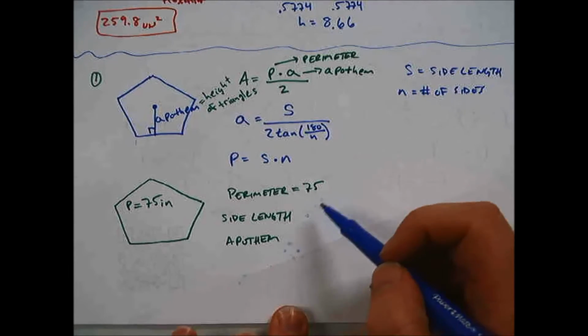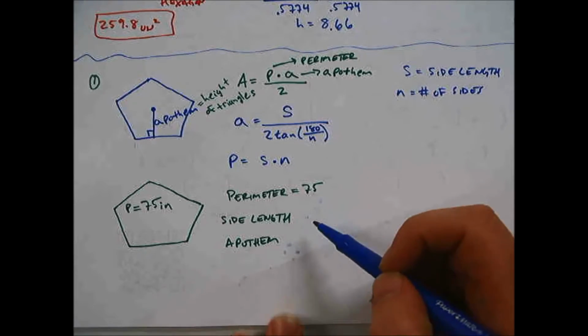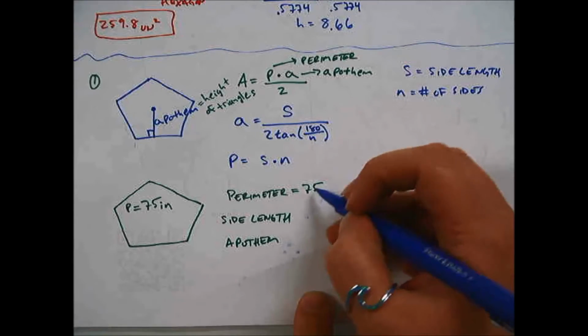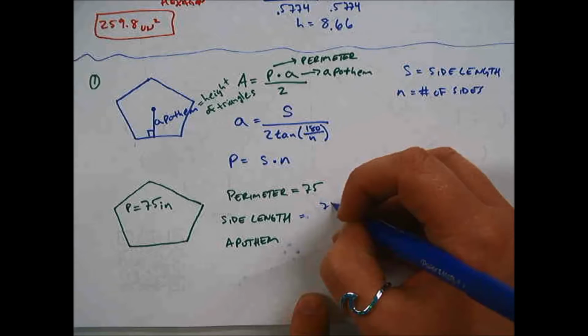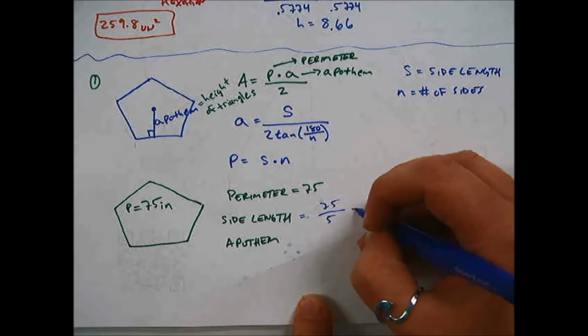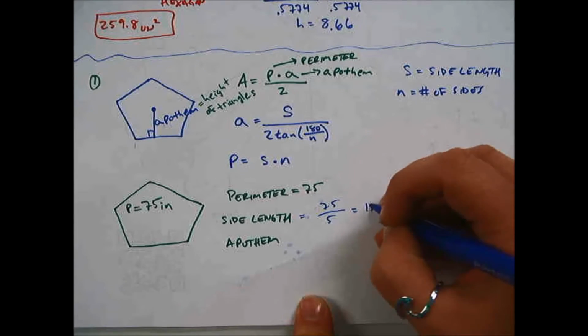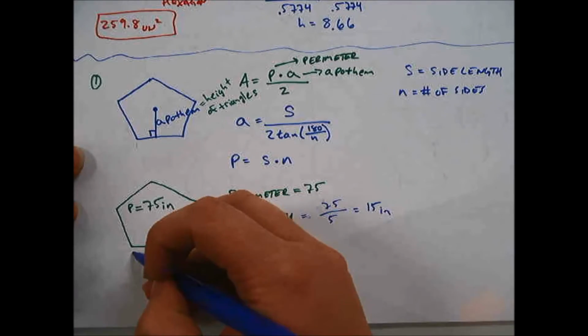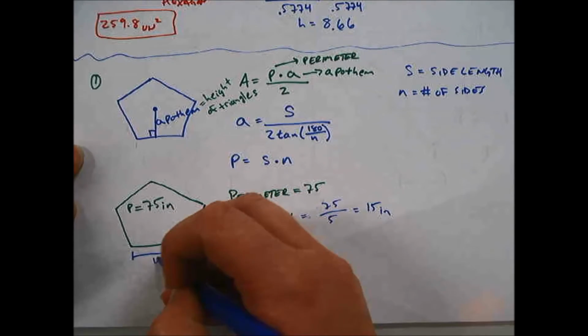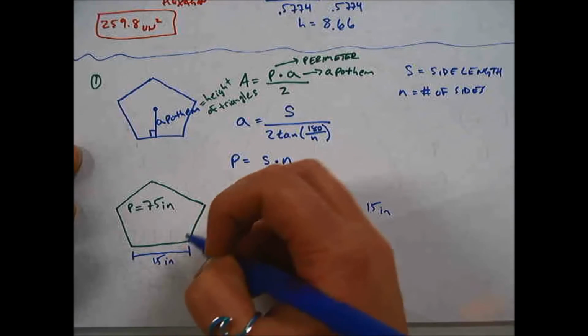So, to go from the perimeter to the side length, we just take the perimeter and divide by how many sides there are. So, 75 divided by 5, since there's 5 sides, which gives us 15 inches for the side length. So that tells us that this side is 15 inches long.